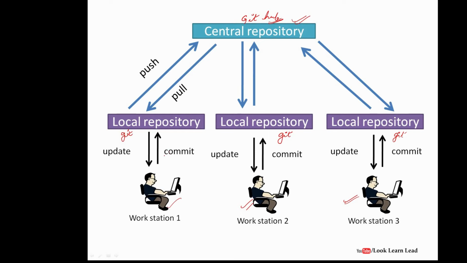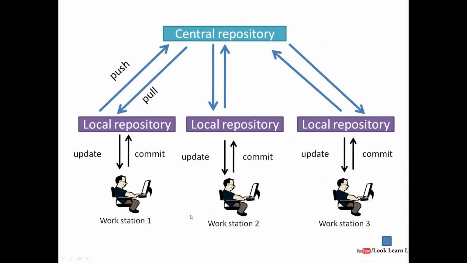Then the persons at workstation 2 and 3 would both come to know about the changes that had been made to the original file on which they are working. This is how Git helps in collaborating and managing code.